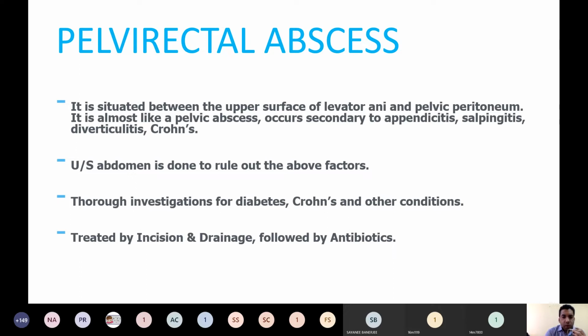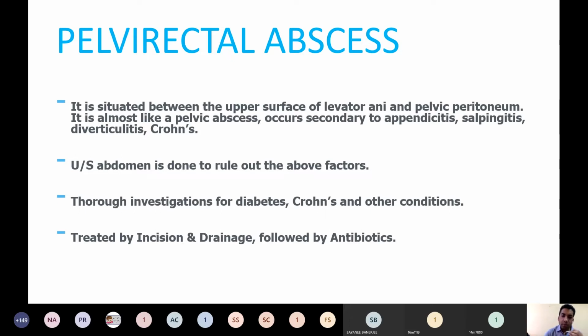Okay, so if the infected anal glands end up ascending upwards, then also you can expect pelvirectal abscesses, or it can be due to downward extension of the intraperitoneal abscesses. These are the intraperitoneal abscesses: appendicitis leading to appendicular abscess, salpingitis, diverticulitis, Crohn's disease.